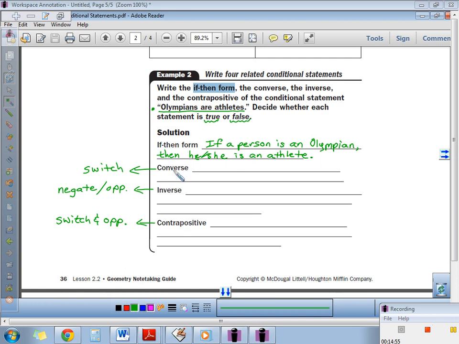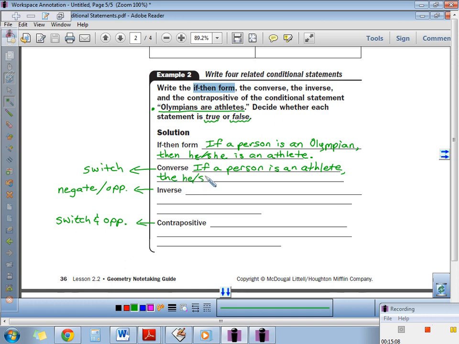So converse. That means we need to switch the order of this original if-then statement. So instead of the Olympian coming first, it's going to come second. And it's going to be switched with athlete. So here's how it should look. If a person is an athlete, then what should I say?